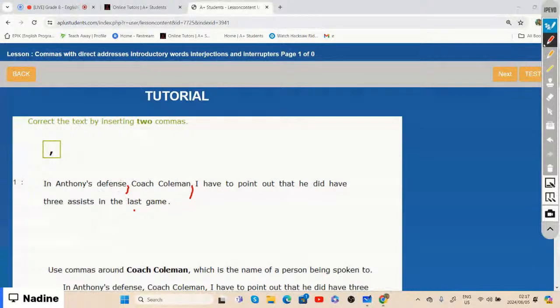That is why we need to read that sentence again. Once you separate that word or the name of a person with commas, you'll realize that once it is separated, your sentence makes perfect sense. So we had to put a comma before Coach Coleman as well as a comma after Coach Coleman.